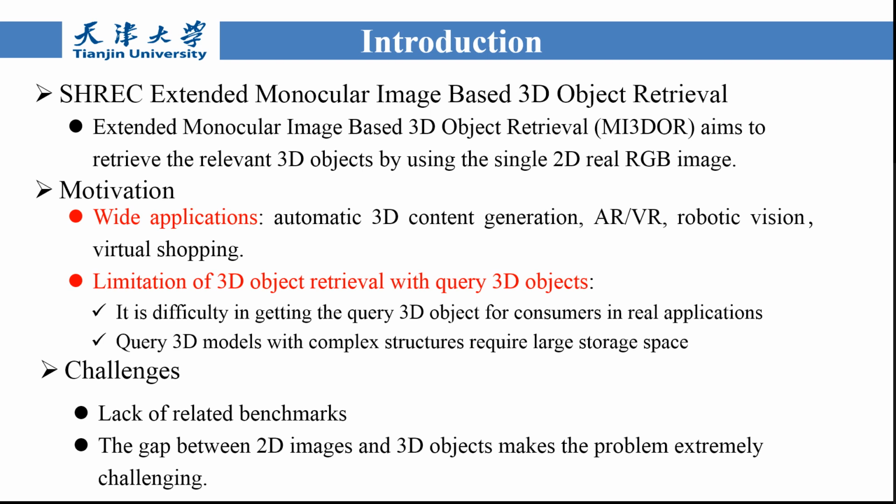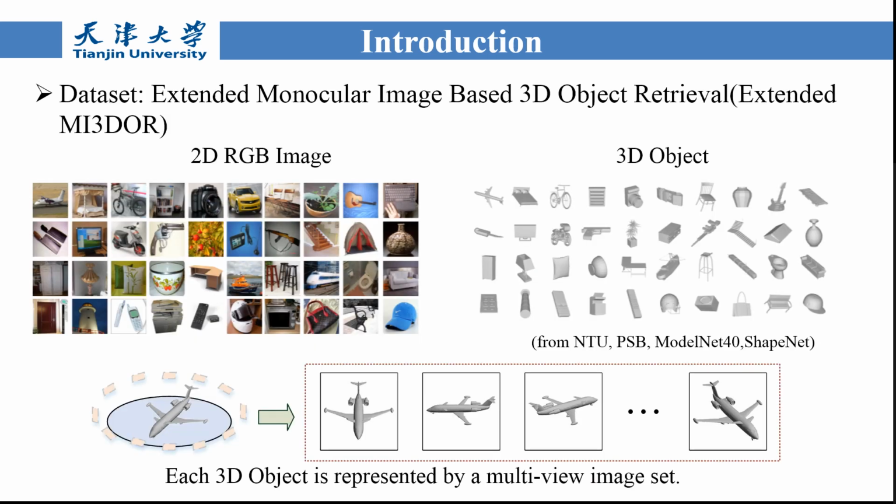The challenge for this task is that there are not many related benchmarks, and the gap between 2D images and 3D objects makes the problem extremely challenging. We collected the dataset named Extended Monocular Image-Based 3D Object Retrieval, which contains two domains.